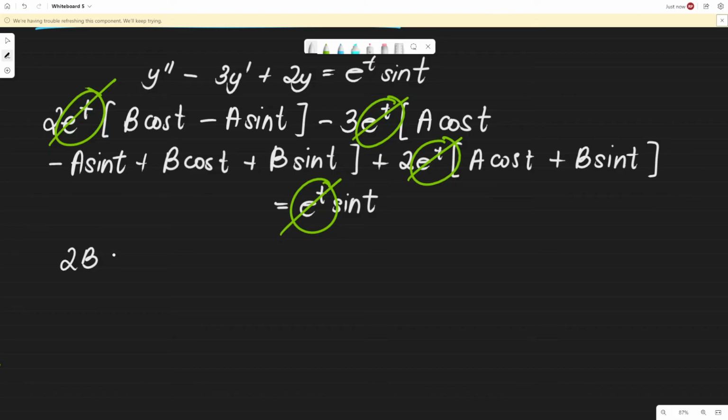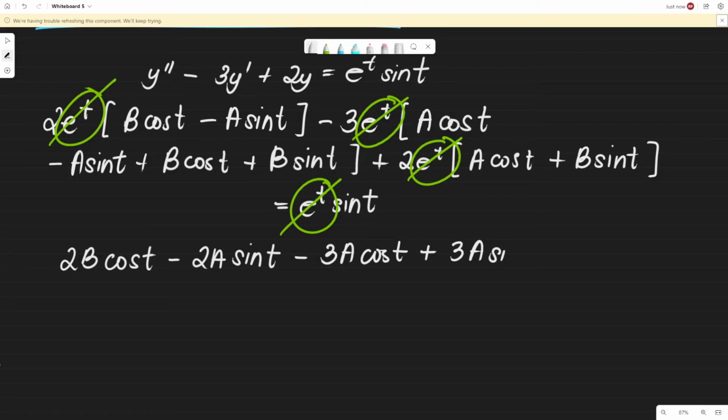2b cos t minus 2a sin t minus 3a cos t plus 3a sin t.